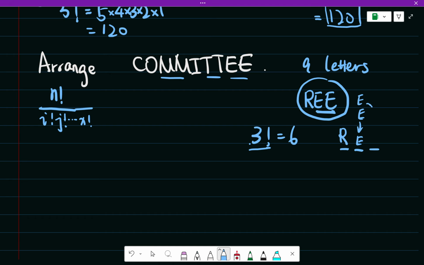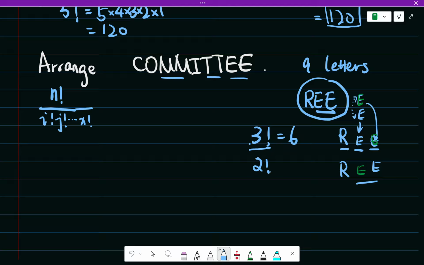And the last position will be the other E. However, for 3 factorial this way, we're assuming that these 2 E's are actually different from each other. So for example, let's say this E is green. 3 factorial treats R, blue E, green E as different from R, green E, blue E. However, they're the same E's, so REE is only one possible permutation of the three letters REE.